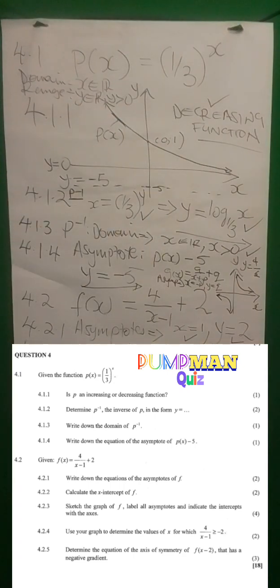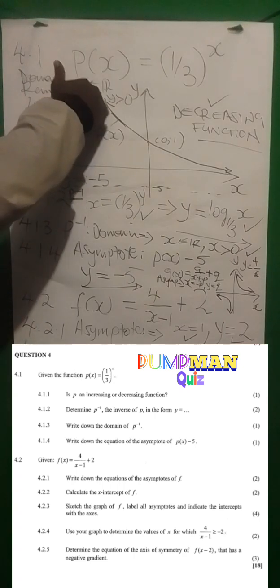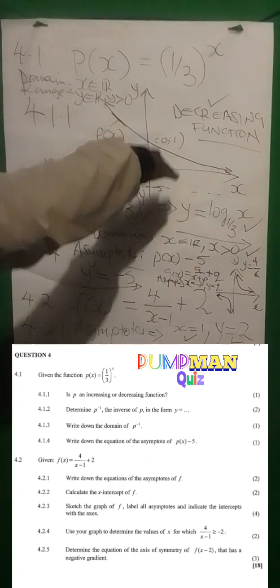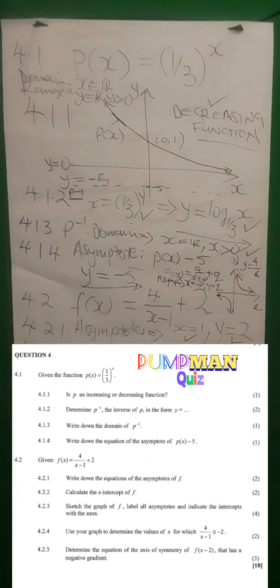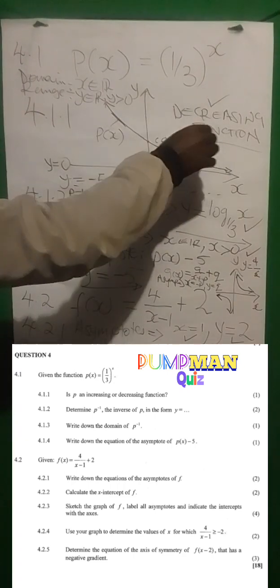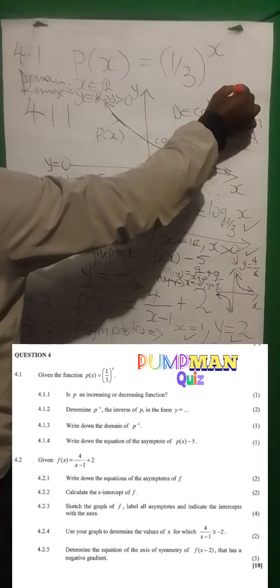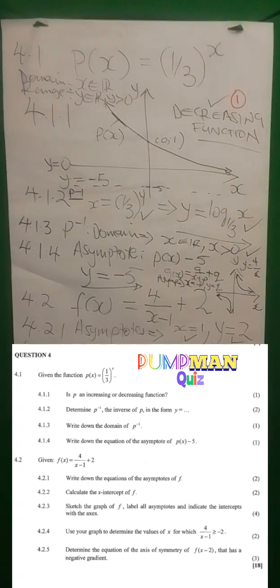In other words, if you were to draw a tangent on the curve of the graph and the tangent is slanting to the left, then it means it is a decreasing function. So you were supposed to just write decreasing function, then you get your 1 mark like that, right? So you get your 1 mark like that.